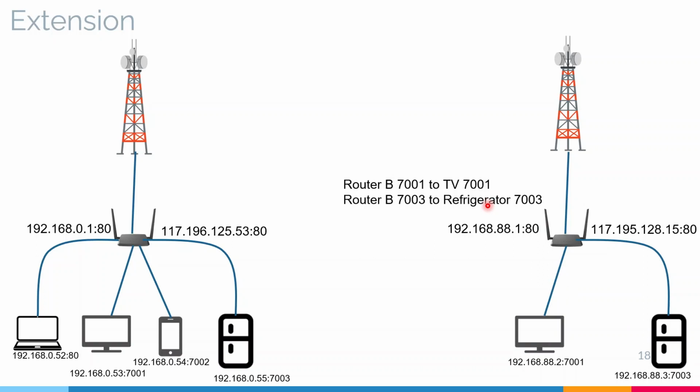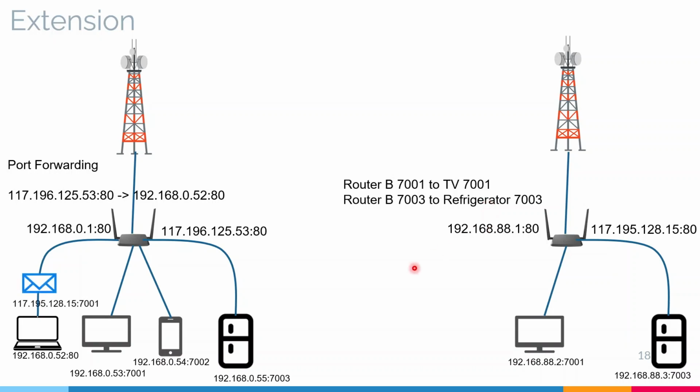Now, even if I again try to just enter 192.168.88.2:7001, that won't work because again it's a private IP address, right?